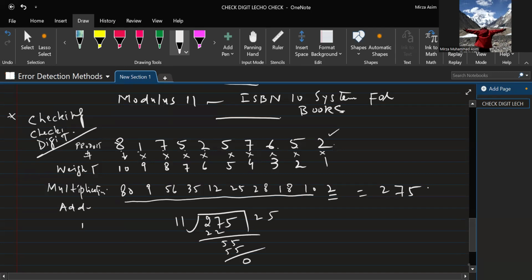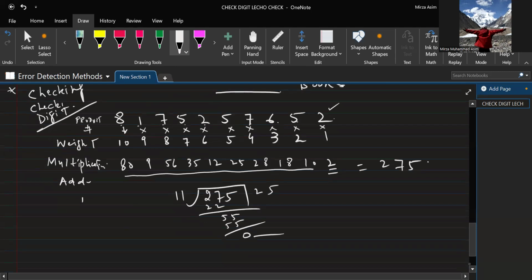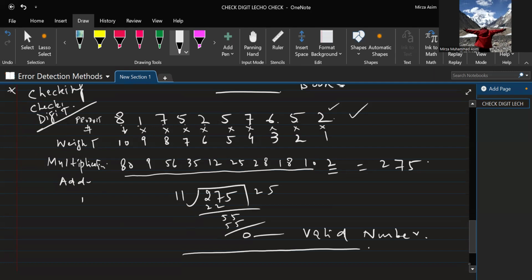So the remainder is 0, which means this ISBN number is a valid number. Is that clear? Okay.